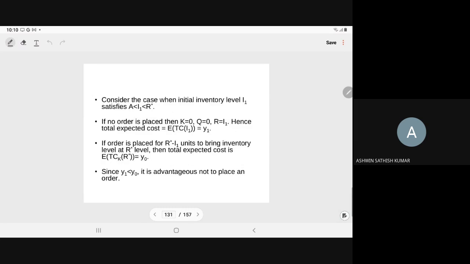Now, if you consider the second case, when the initial inventory I1 lies between A and R star.